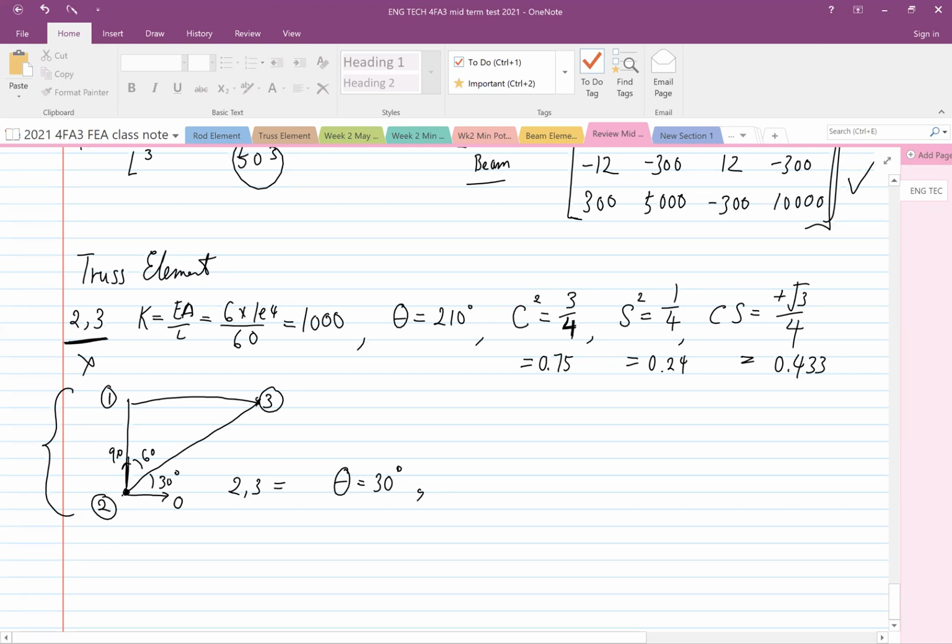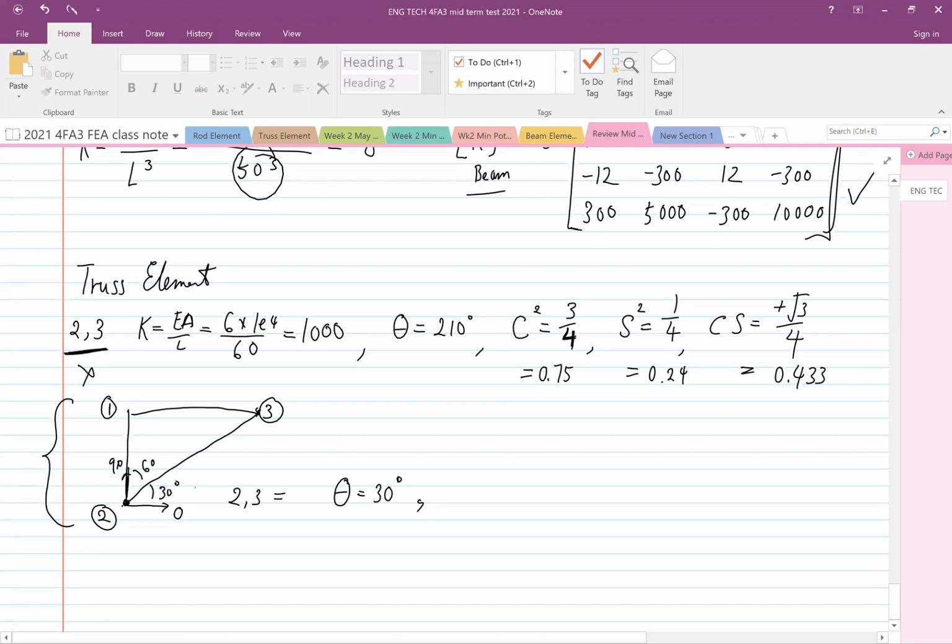However, I do not like to deal with an angle at all. I always look at the components of the trigonometry. So cosine will be this edge over 2, positive. Sine equal to 1 over 2, because this, node 2 to 3, this is 1.